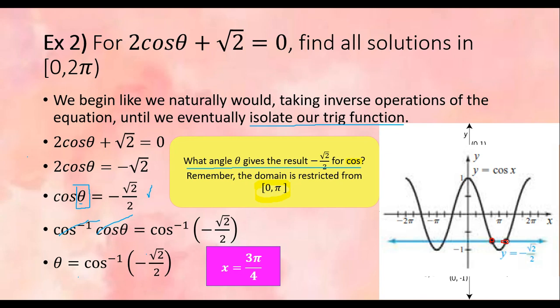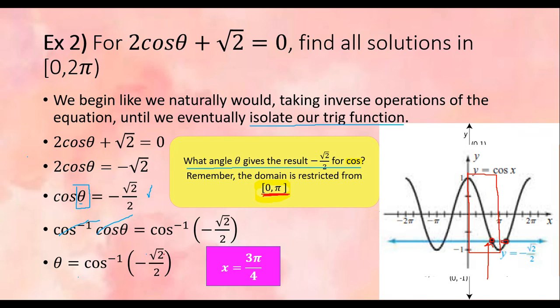One of them isn't falling within our domain restriction. So because we're talking about cosine and inverse cosine, we have to restrict the domain from 0 to pi. So I'm saying only in this chunk is where I'm looking for a solution. Therefore, I only have this guy.